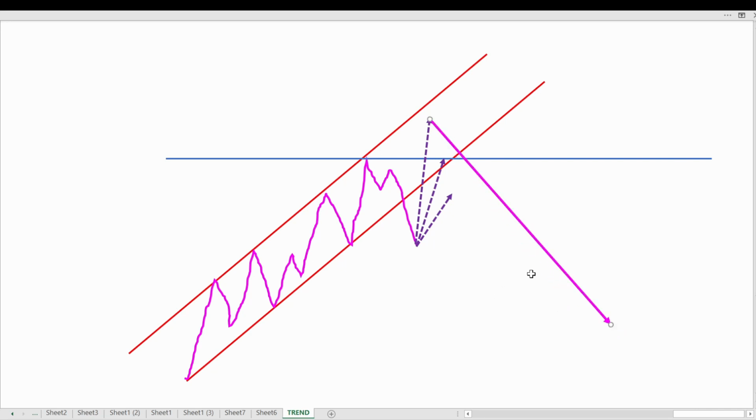Okay. So when it goes through this resistance level, you can use the Fibonacci extension levels to check that the trade is going to take place, to give more reliable signals to confirm the trade.